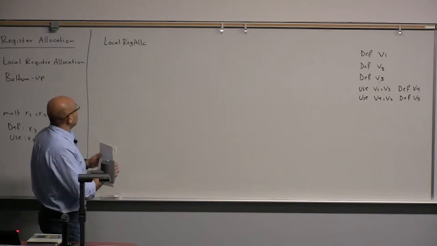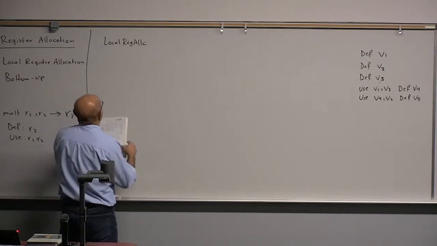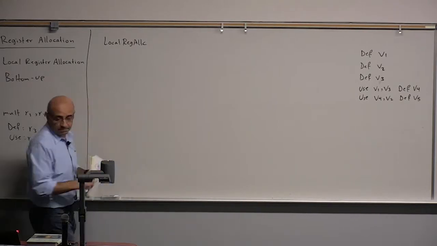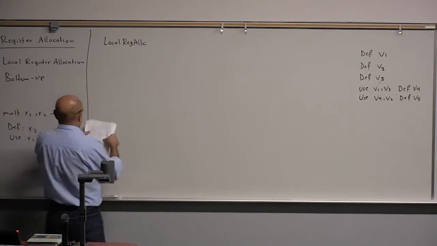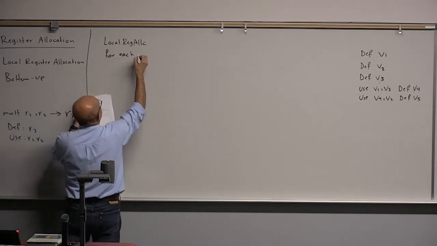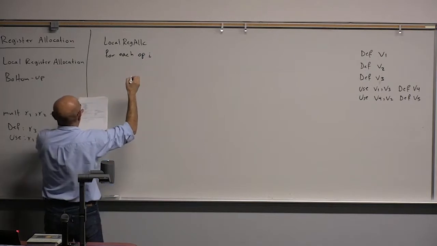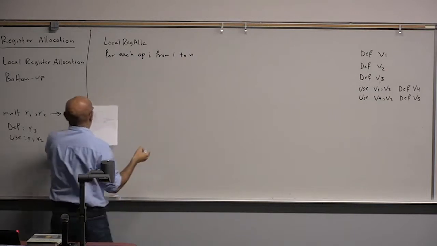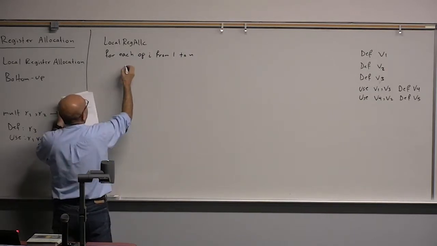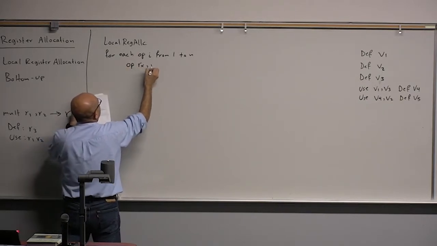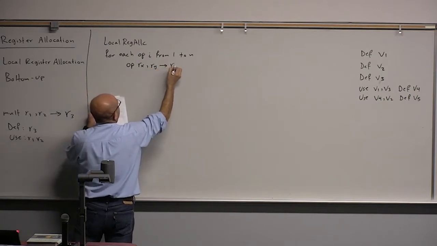Now, the local register allocator is going to look at it. It's going to assume that for each operation i from 1 to n, i is of the form op Rx, Ry, and write the result into Rz.